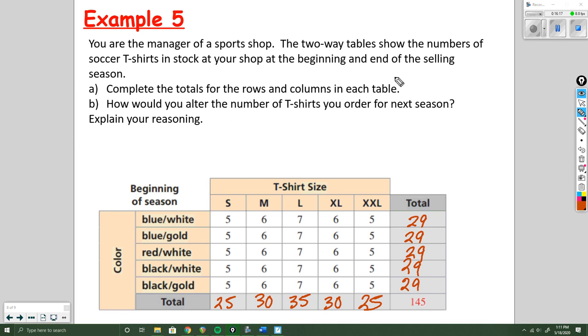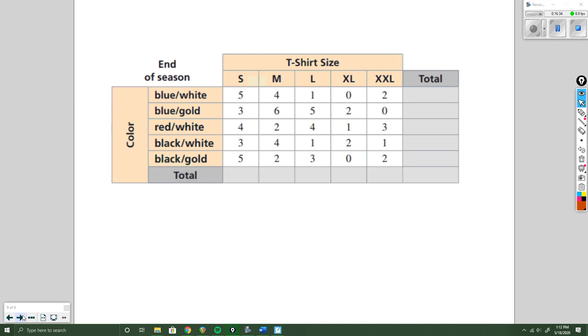So we completed the table, and now we want to take a look at this and figure out how we could alter the amount of t-shirts that we get for next season. Okay, so if we take a look at the next table on the next slide. Okay, by the end of the season, this is how many shirts were actually given out.